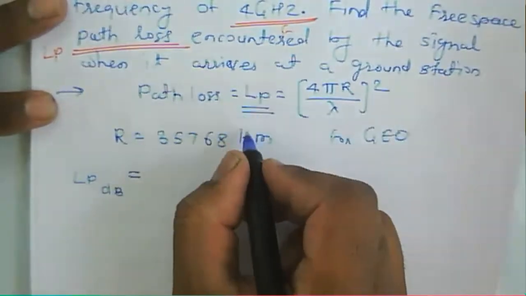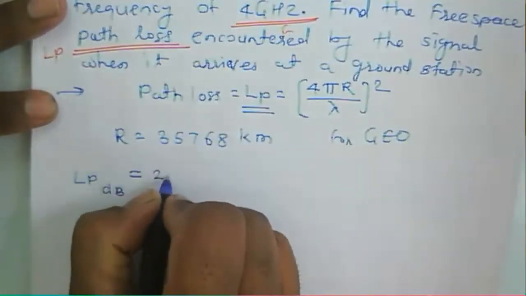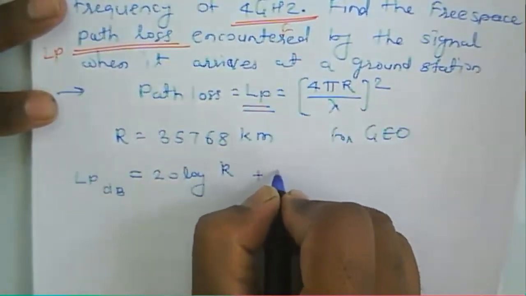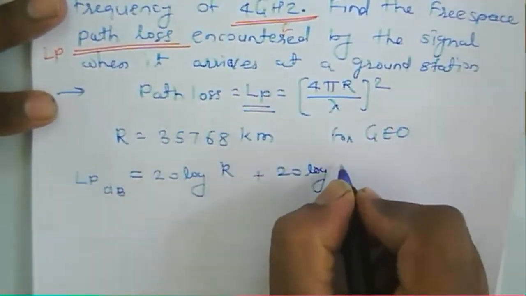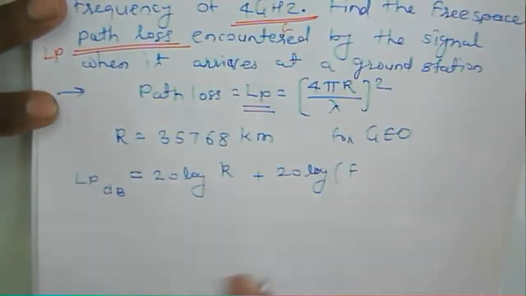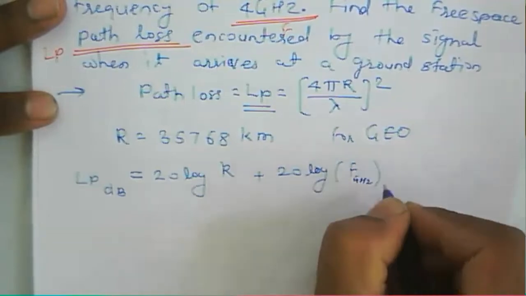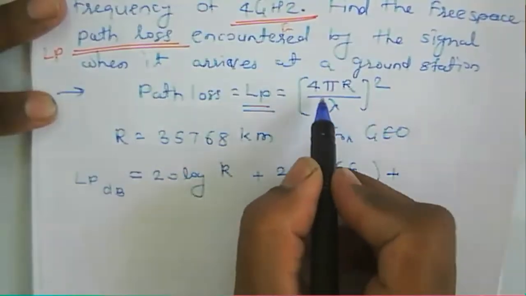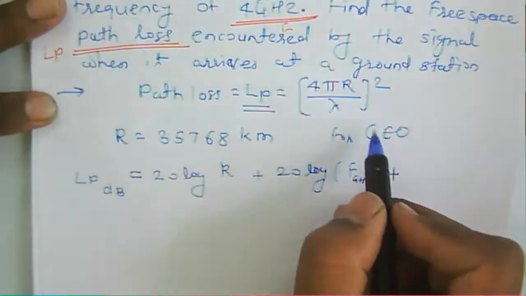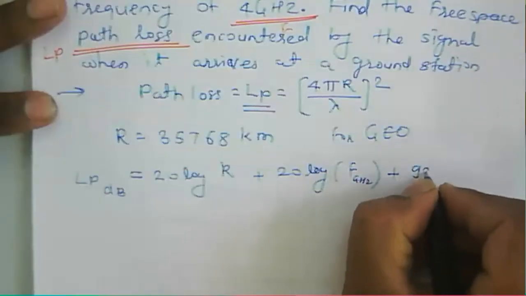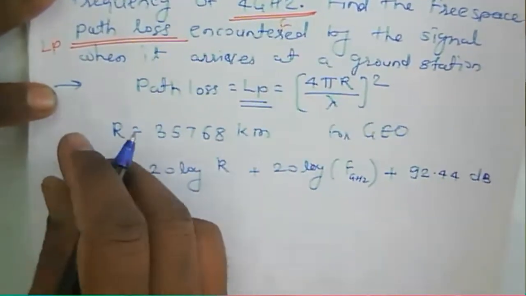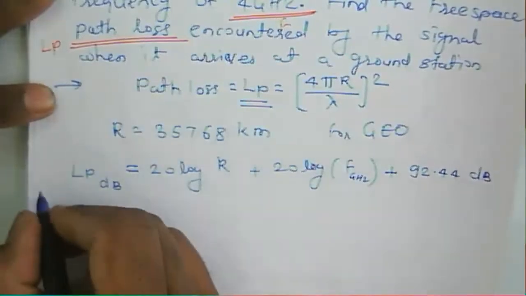So that's why we have a factor of 20 log of R, plus 20 log of the frequency, which is in gigahertz now, plus that factor for C. Lambda is equal to C by F, 4 pi by C, and that factor is nothing but 92.44.